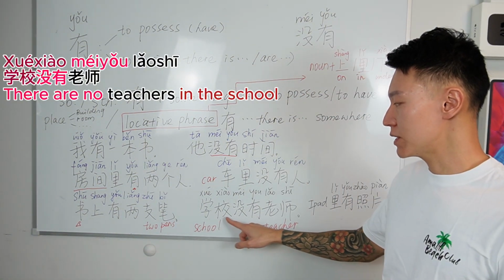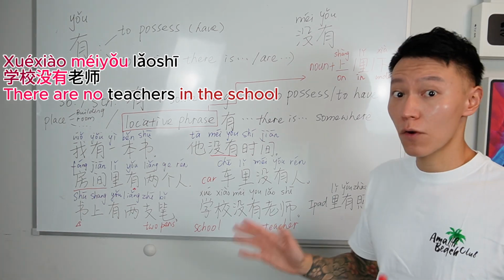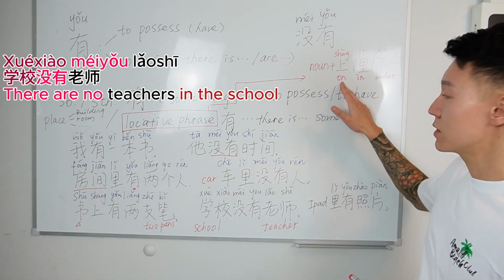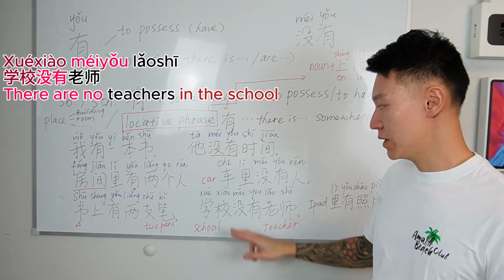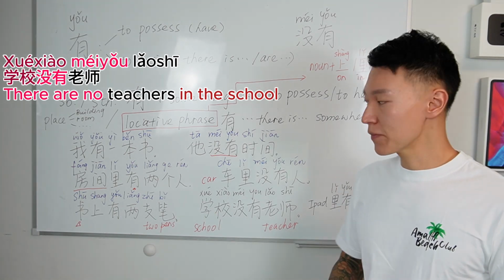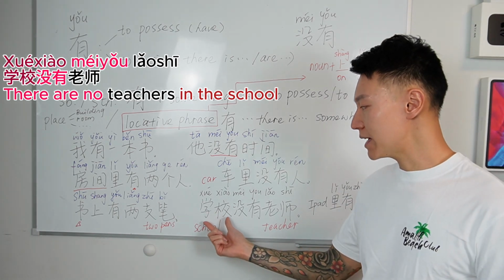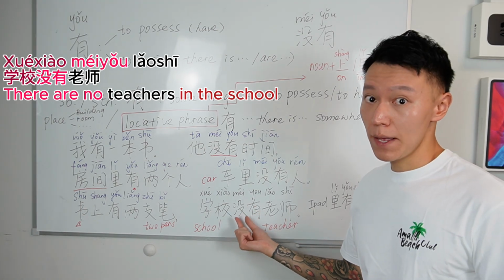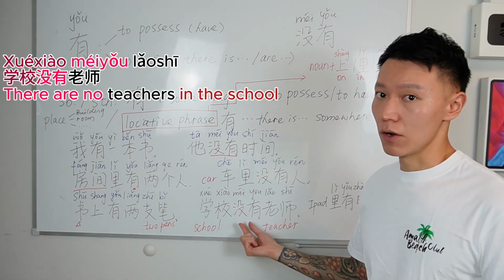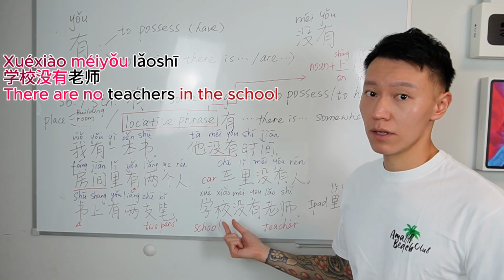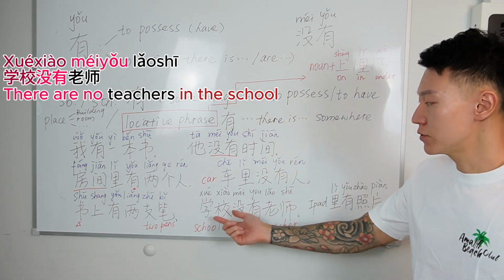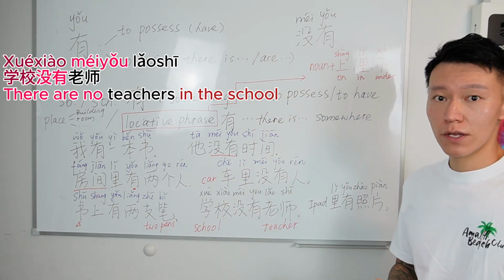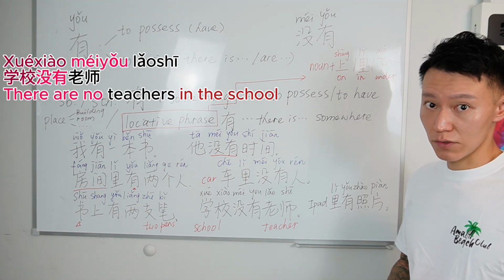That's why we say 学校没有老师. And of course, you can also use a position after 学校. That's not a problem. And since we're using a place in front of 有 or 没有, then this 有 or 没有 means there is, there's not. So 学校没有老师. There are no teachers in the school.